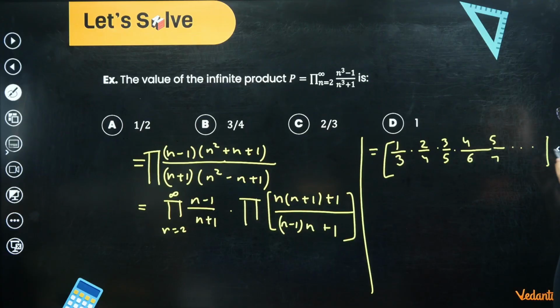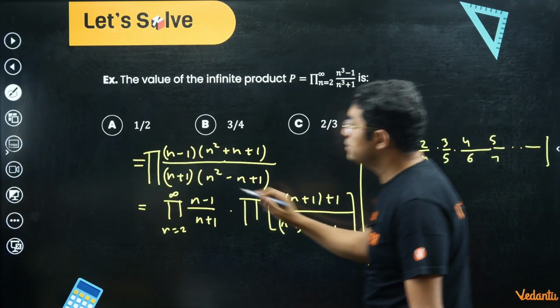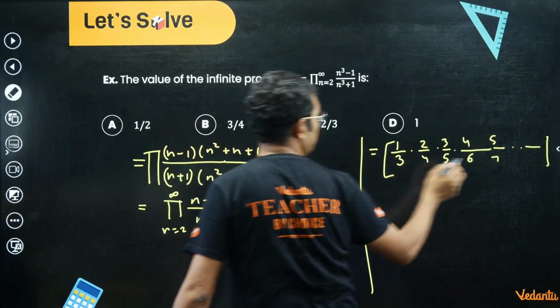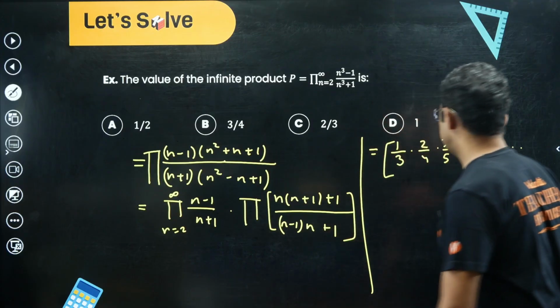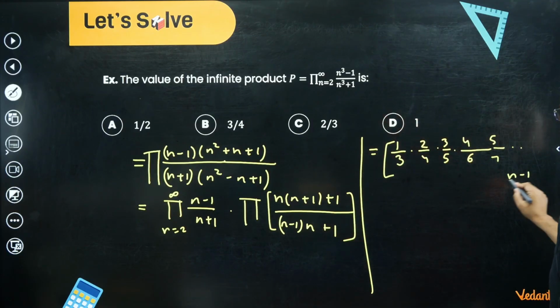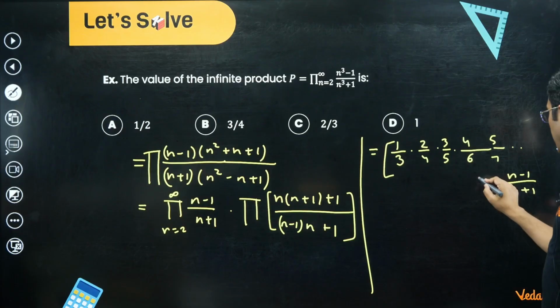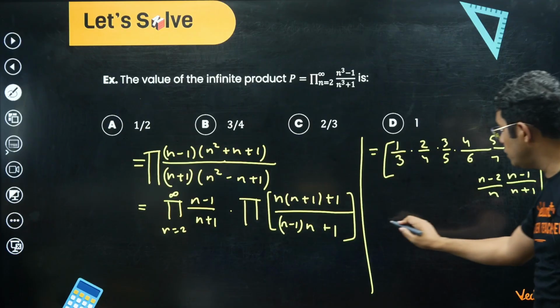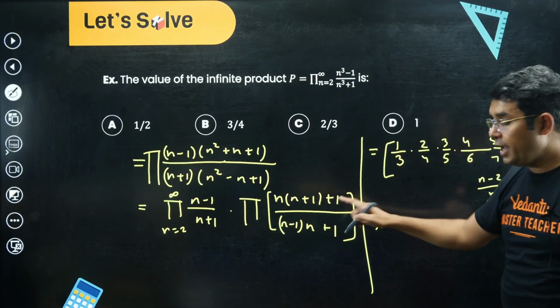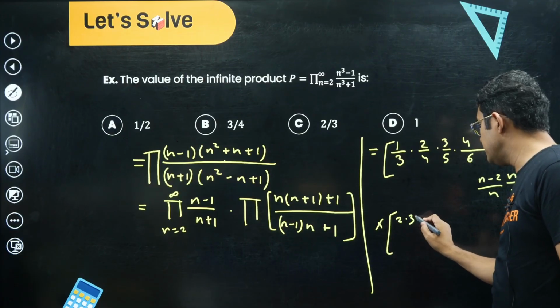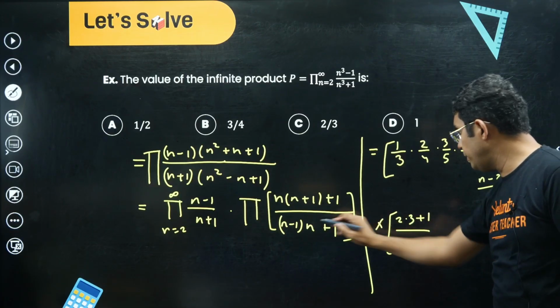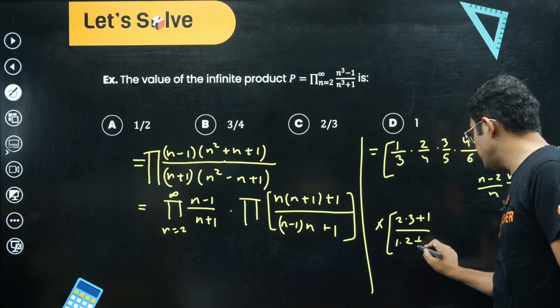And if I write the last term, let me write the last term also. Last term would be n minus 1 upon n plus 1, and n minus 2 upon n, into the second thing. If you put n is equal to 2, here it will be 2 into 3 plus 1, whereas it will be 1 into 2 plus 1.